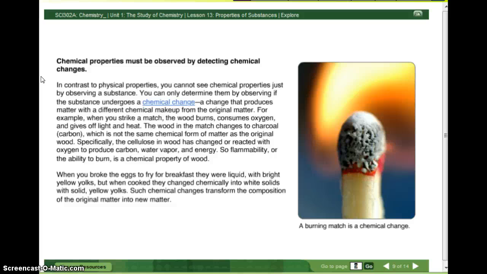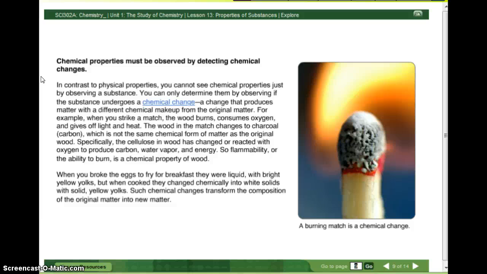For example, when you strike a match, the wood burns, consumes oxygen, and gives off light and heat. The wood in the match changes to charcoal, carbon, which is not the same chemical form of matter as the original wood was. Specifically, the cellulose in wood has changed or reacted with oxygen to produce carbon, water vapor, and energy. So flammability, or the ability to burn, is a chemical property of wood.